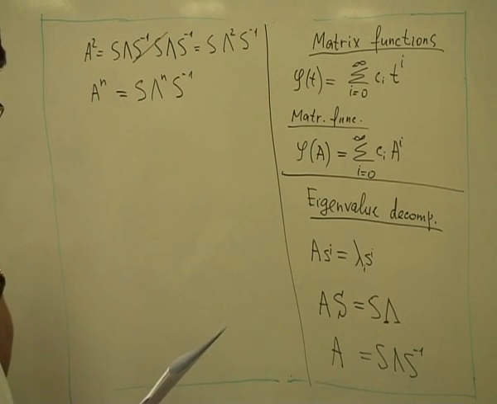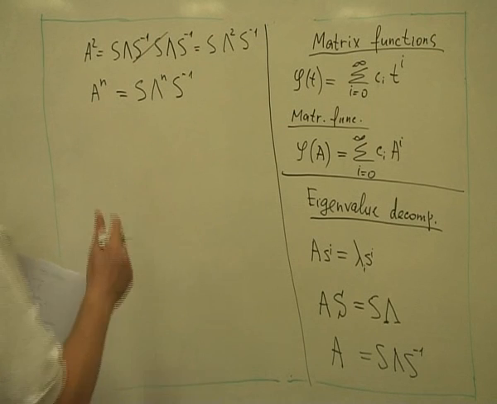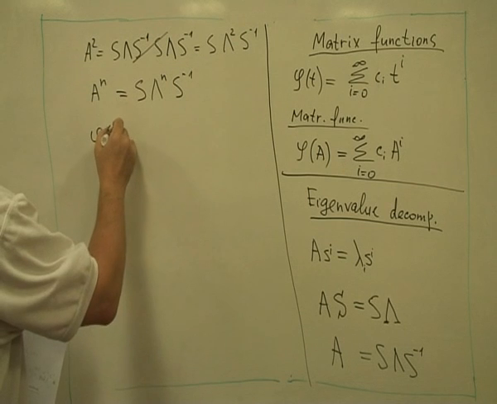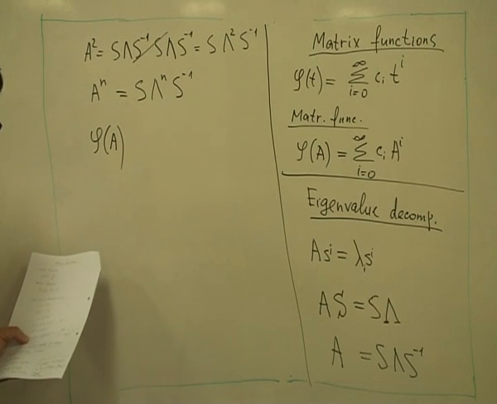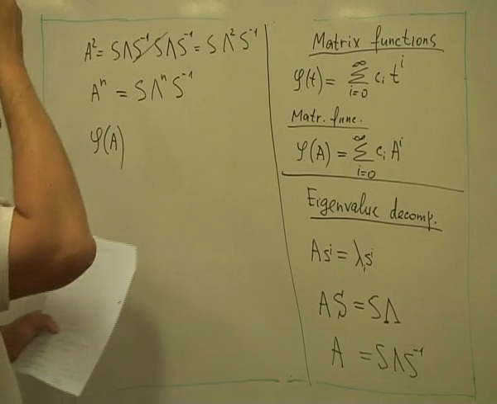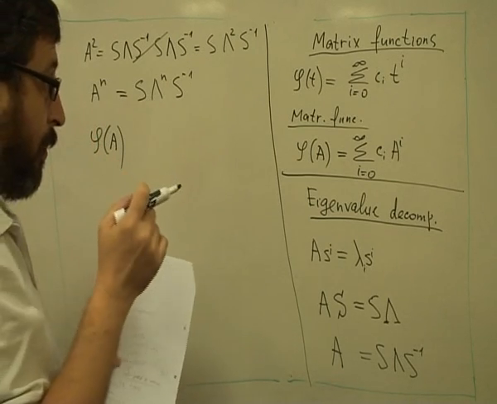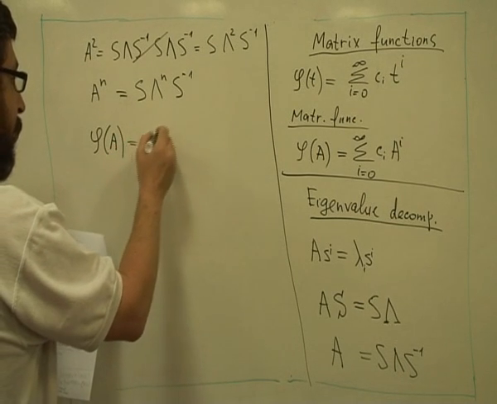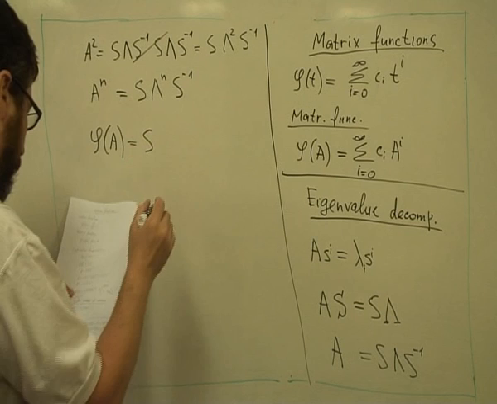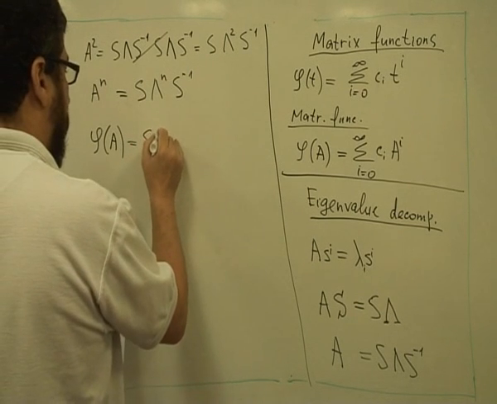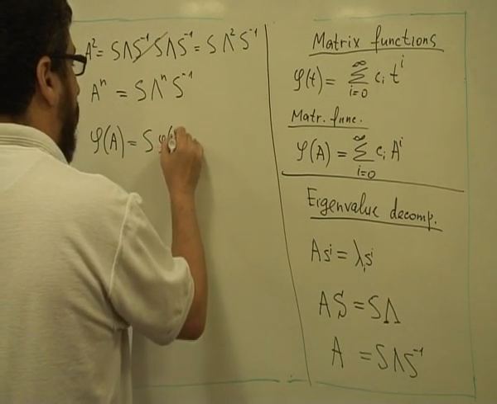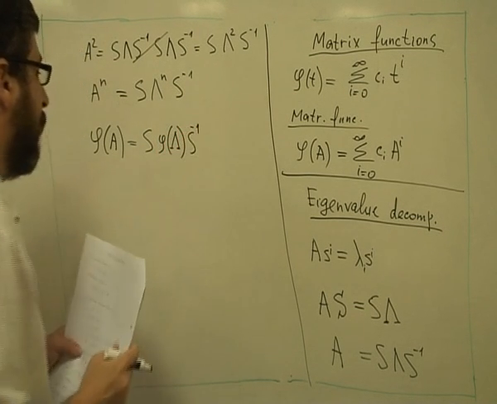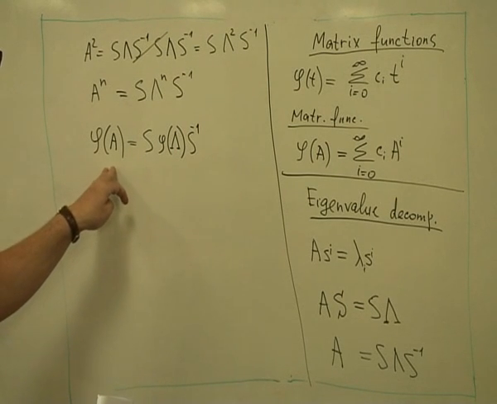And what will phi of A be? I will write your result and then we will see together whether it's right. It's S phi of lambda S inverse. Is it correct?